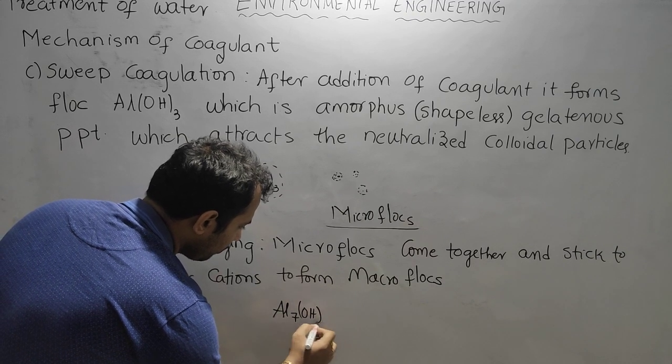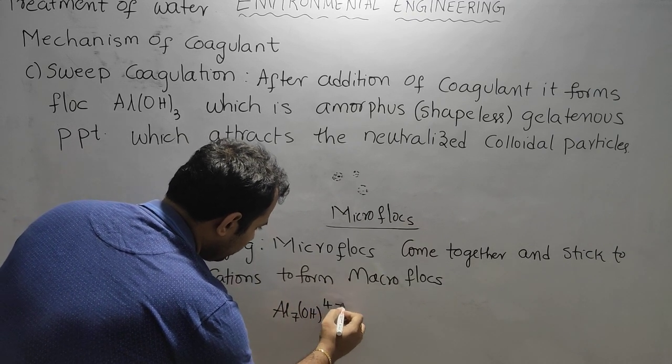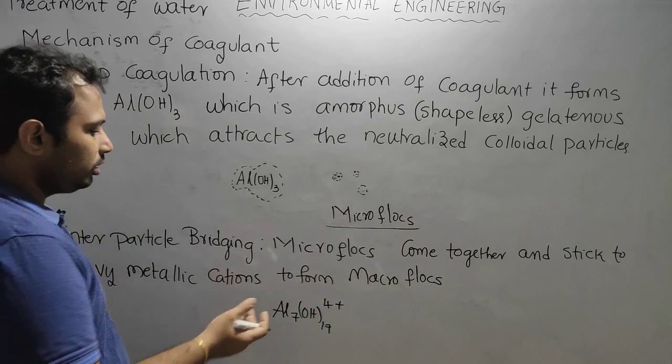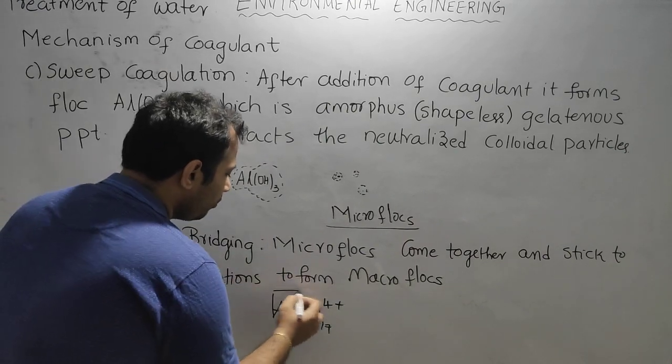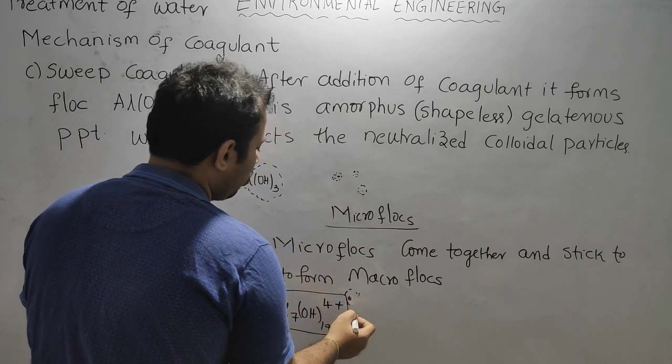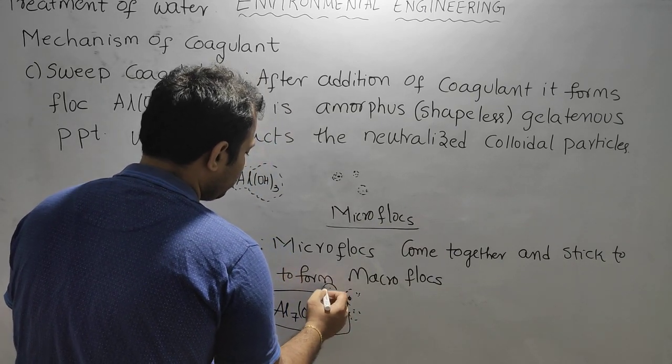This is a heavy molecule which is formed during the addition of alum to water. So this will hold the microflocks. On the one side it will hold some microflocks on the surface, everywhere.